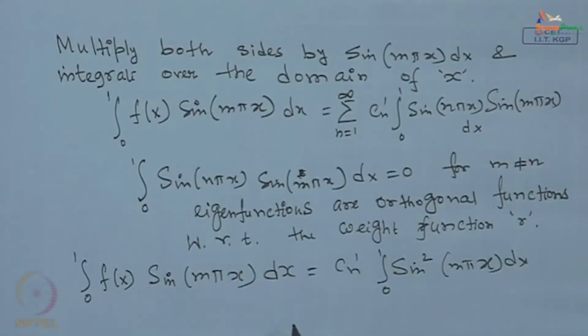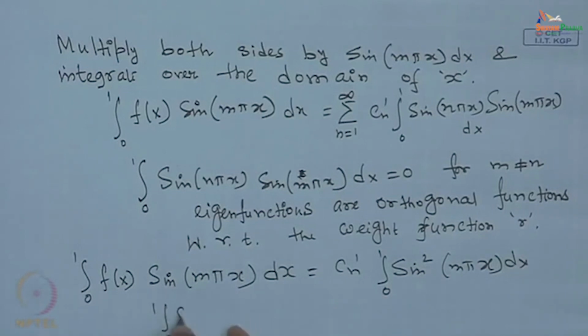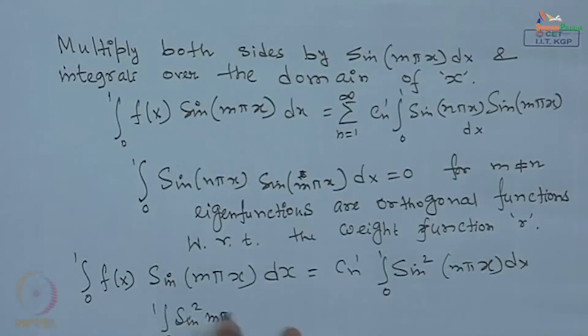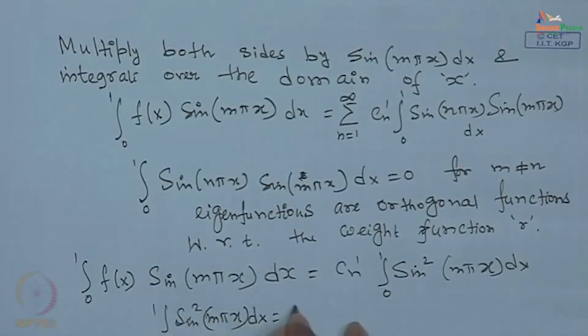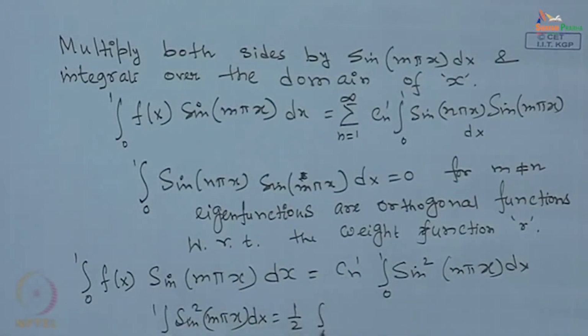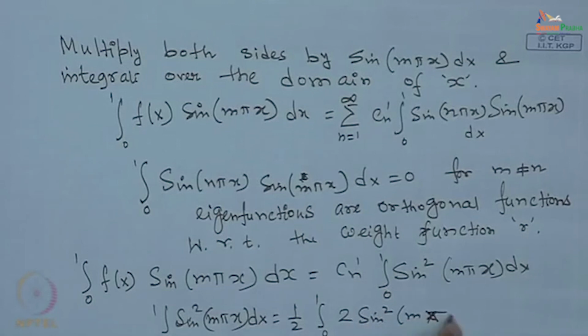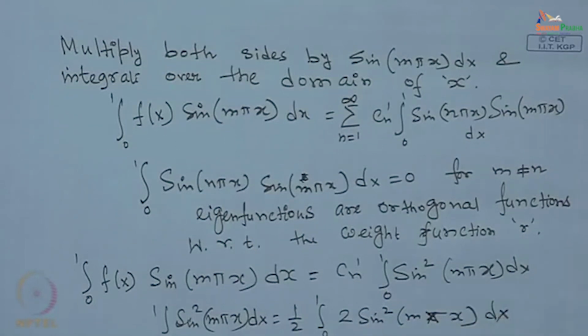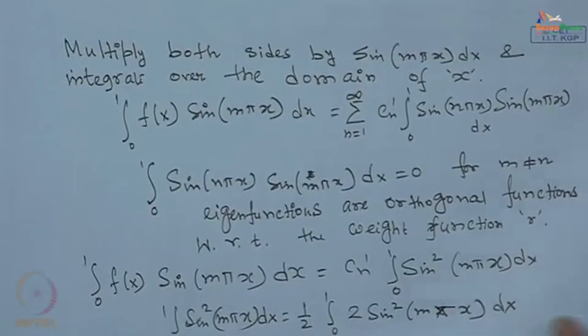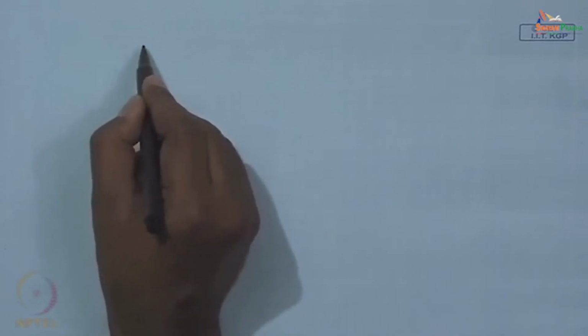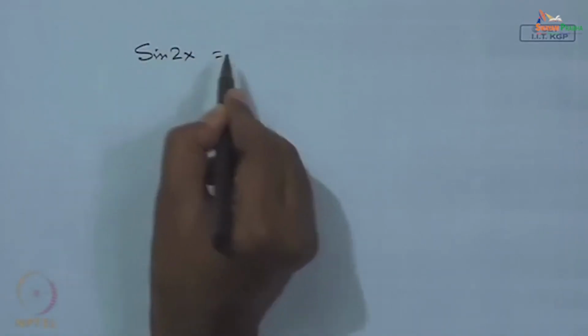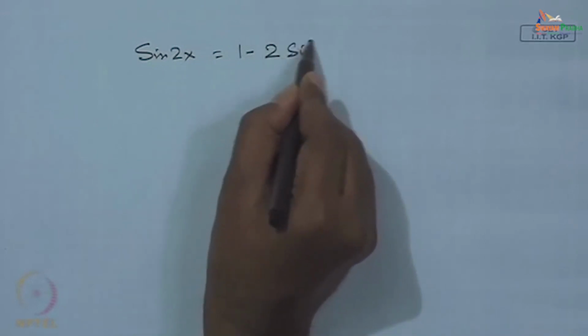And if you would like to evaluate sin square m pi x dx, let us see what you get. Integration 0 to 1 sin square m pi x dx will be, if you just multiply and divide by 2, half integral 0 to 1 of 2 sin square m pi x dx. So, if you look into the relationship of sin 2 theta and sin theta, sin 2 x is nothing but 1 minus 2 sin square x.